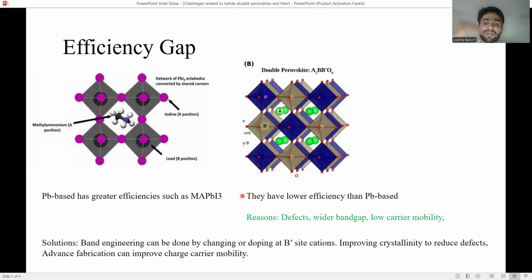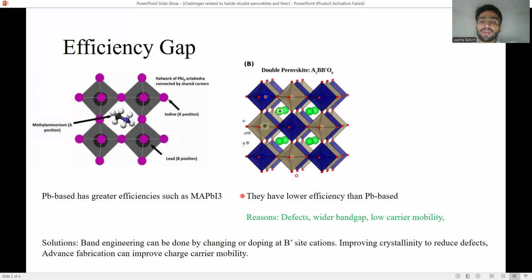Actually, the efficiency gap comes from a few reasons, which include a wider band gap. When the band gap is wider, the photon comes and is not absorbed in that material, but goes through without producing any electron and hole pair.